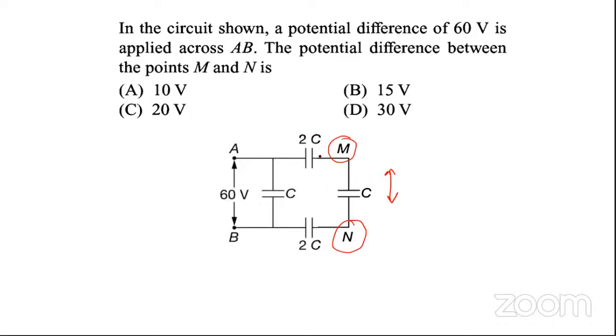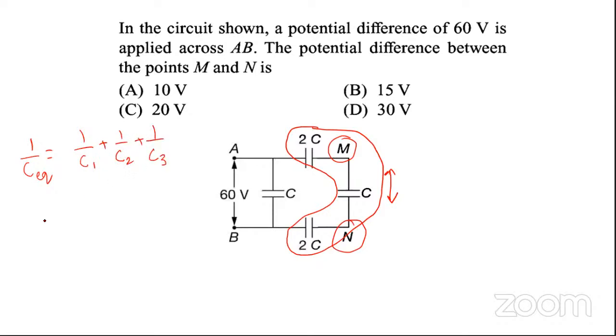See, we can see here clearly that 2C, C and 2C are in series. So for a series combination, how do we calculate the equivalent capacitance? It is calculated as 1 upon C1 plus 1 upon C2 plus 1 upon C3, and that is 1 upon 2C plus 1 upon C plus 1 upon 2C.